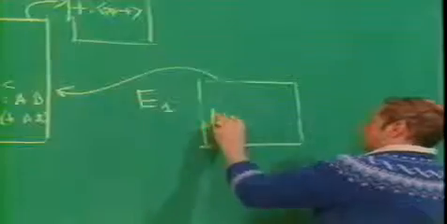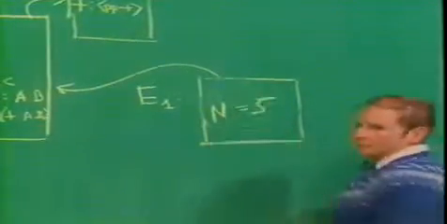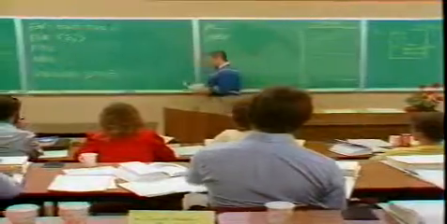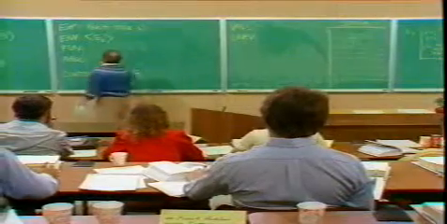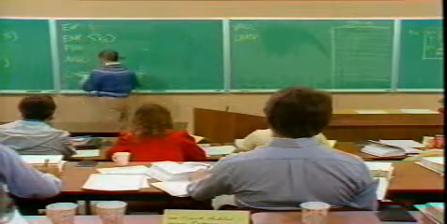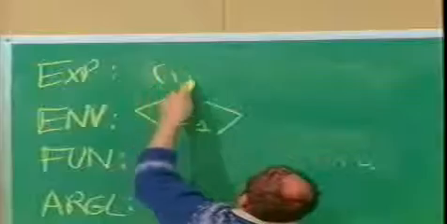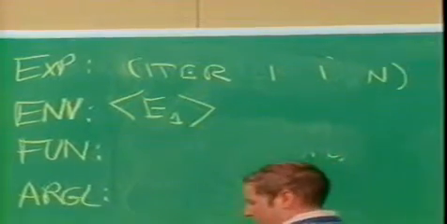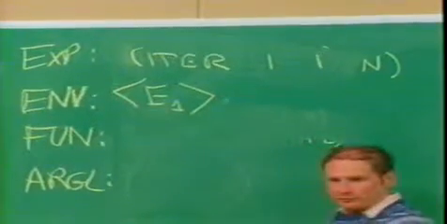Let's call that E1. And at some point, the machine will reduce this whole thing to a thing that says iter of 1 and 1 and n evaluated in this environment E1 with nothing on the stack.